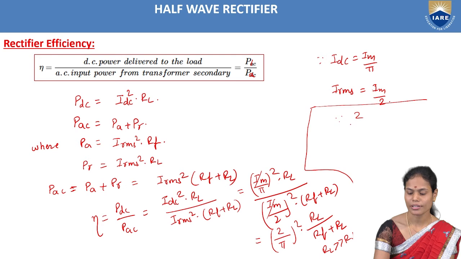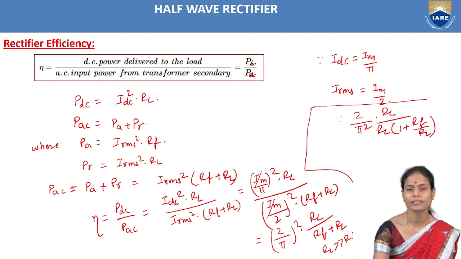So we can write it as 2 by pi square into RL by RL into 1 plus RF by RL. So we can neglect this value. Why? Because the load resistance value is greater than the forward resistance of the diode, so RF by RL is much less than 1. So we are neglecting that.